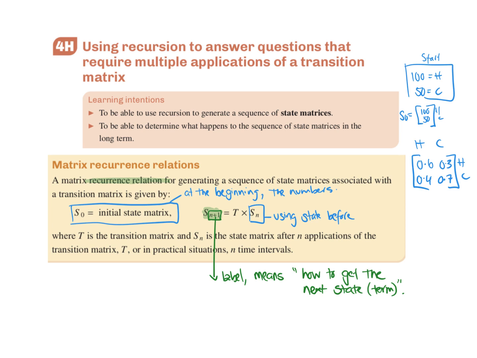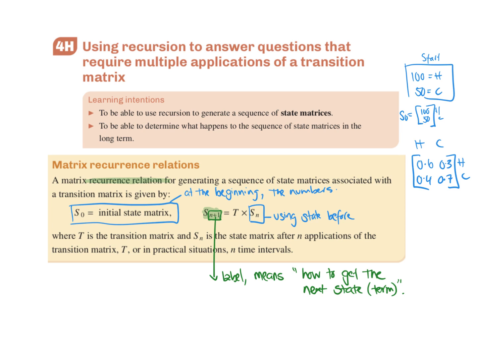It's just telling us we can keep getting what's happening the next time by going the transition times whatever state matrix we have before. They're going to say, here's a transition, it follows this recurrence relation, and they'll write this little thing out like that. And all that's telling you is that I can get the next one by multiplying it by this transition before.